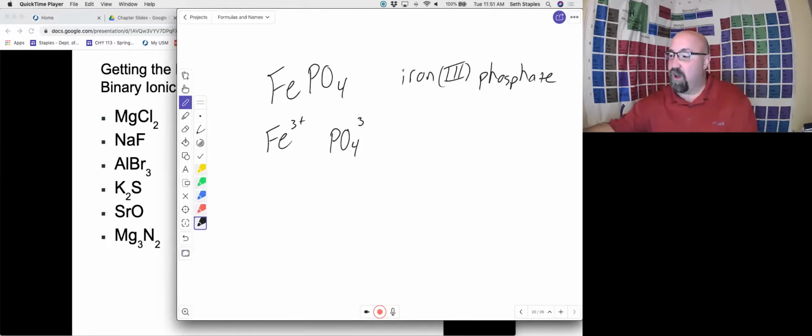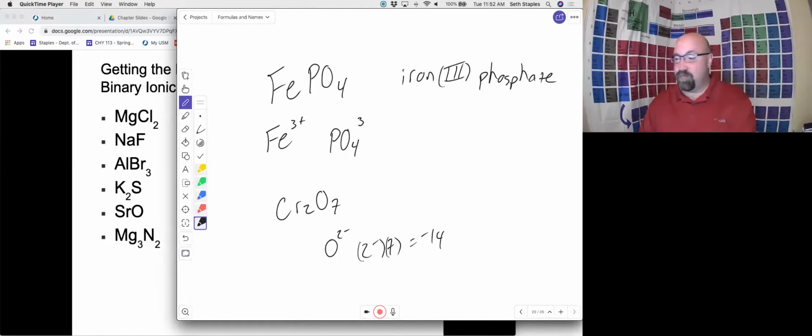Let's look at a monatomic example. Cr2O7. Sorry, that was messy. That's better. So Cr2O7. And we know our charge on oxygen is 2-. We can also see here that we have 7 2- charges. So a total minus of 14.